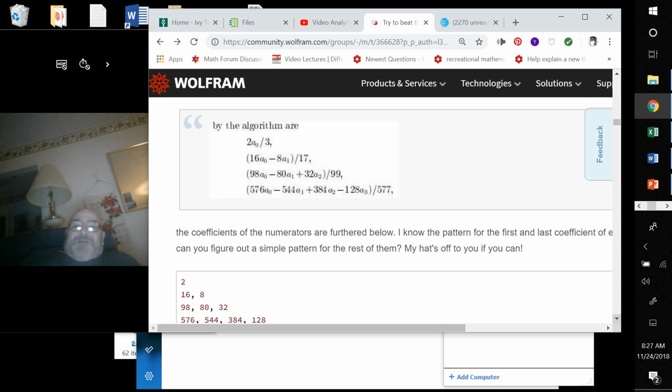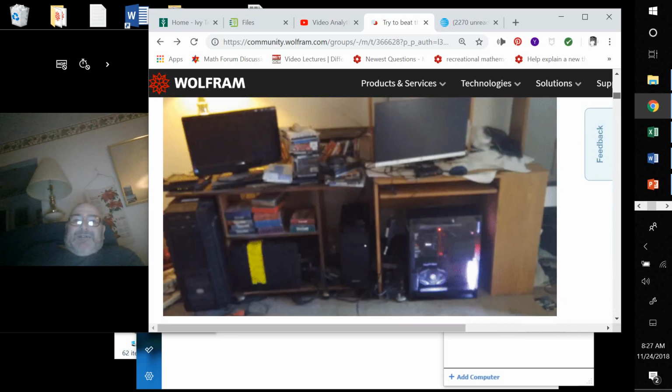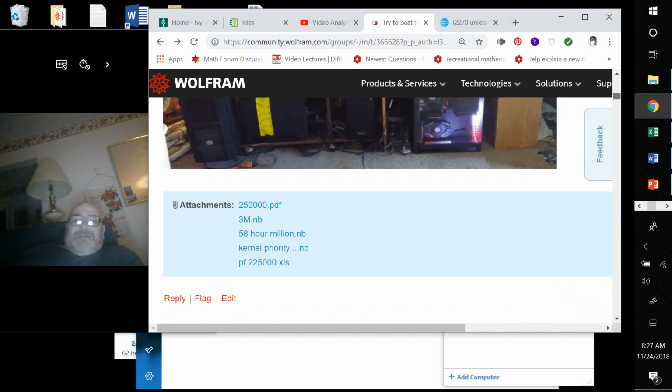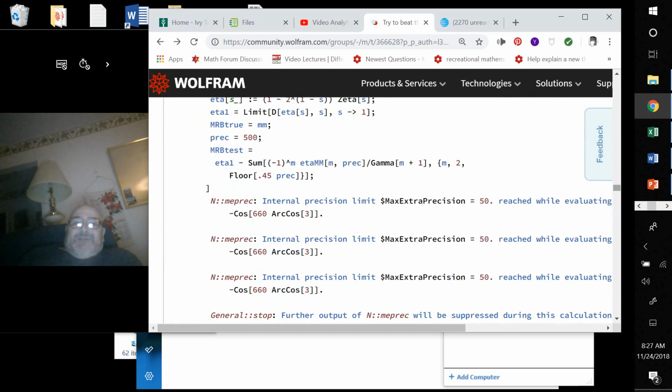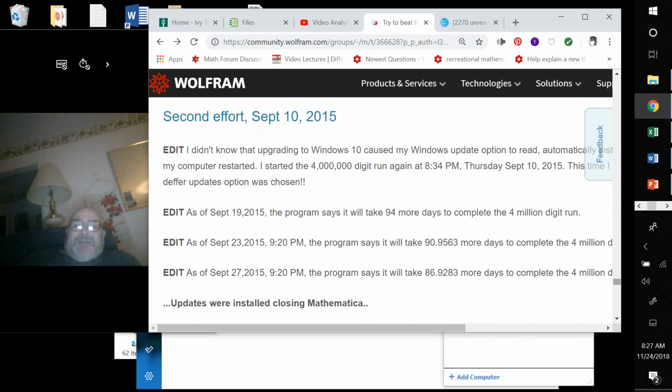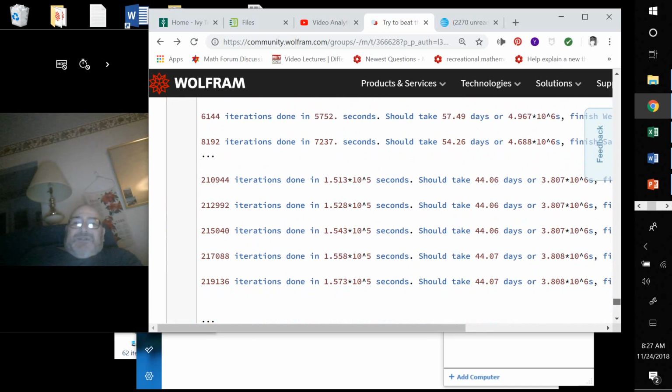Richard Crandall's program that we've been using. Here's a picture of one of the early versions of it. I'll skip down here toward the bottom. Here's the version that I'm using now.